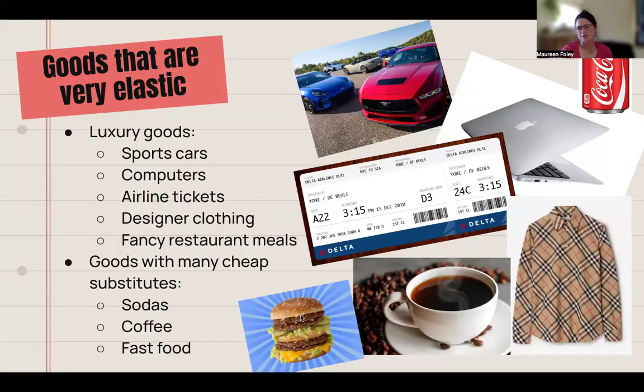You can substitute Burger King for McDonald's. Most places that have one fast food place have multiple fast food places. So goods with many cheap substitutes, those are also really elastic goods. Consumers change the way that they consume them with relative ease based on other factors.